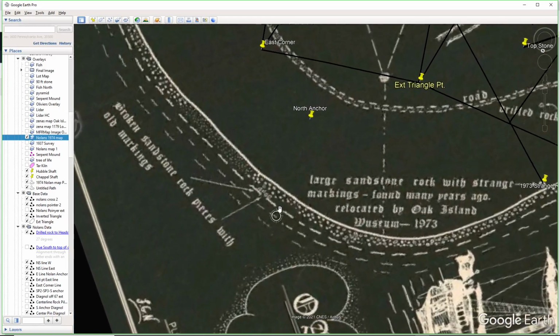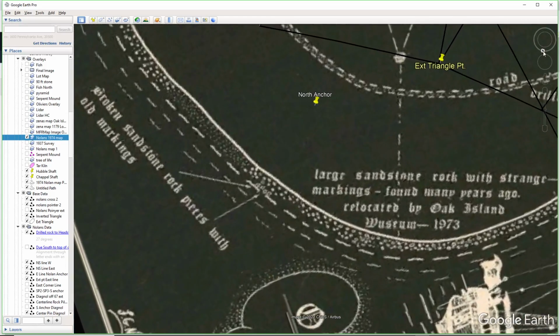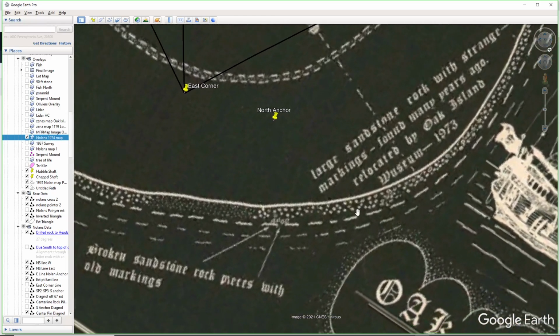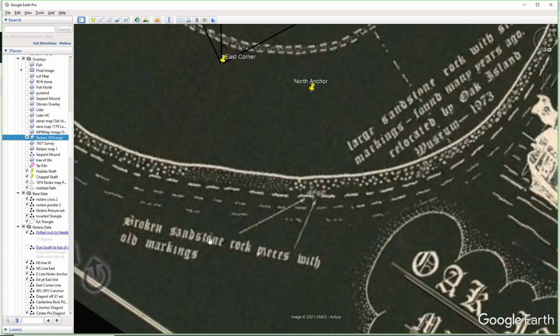I also wanted to show you that right here we have some broken sandstone rock pieces with old markings, and they are directly perpendicular to the north anchor. What significance is that? We don't know. It's all just something to wonder about, and that's pretty much what the Oak Island show is about.